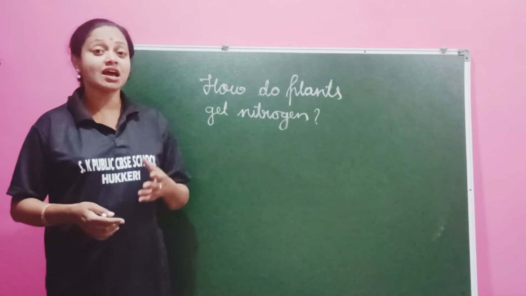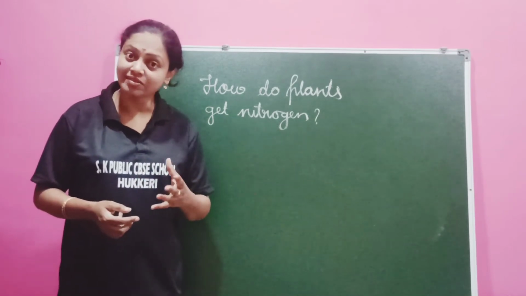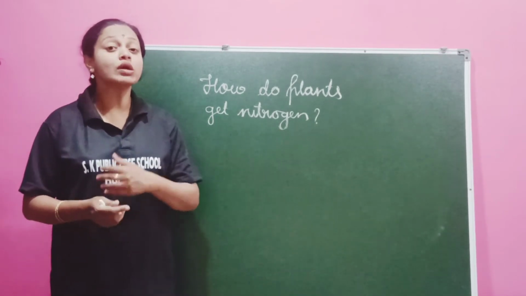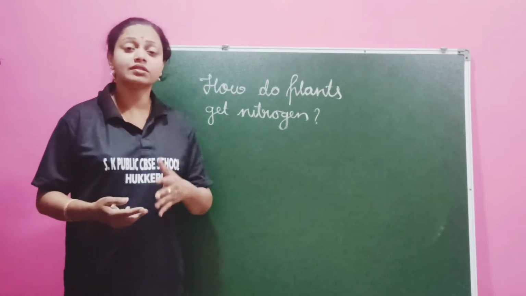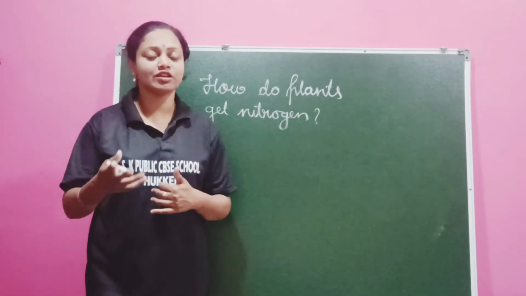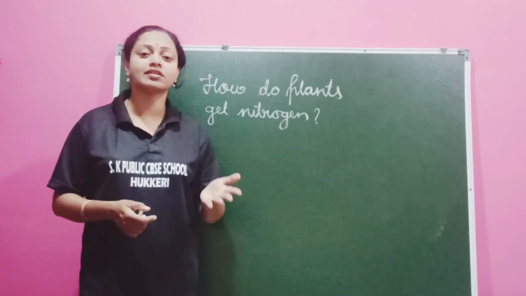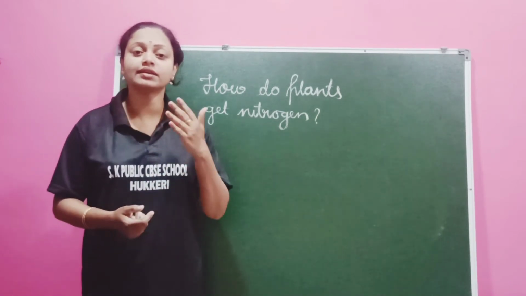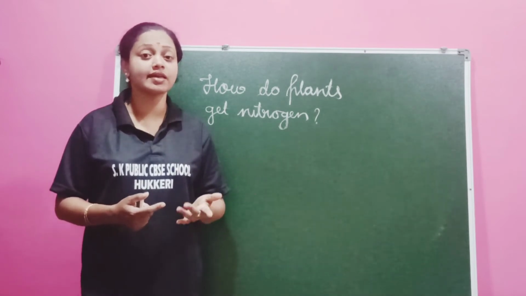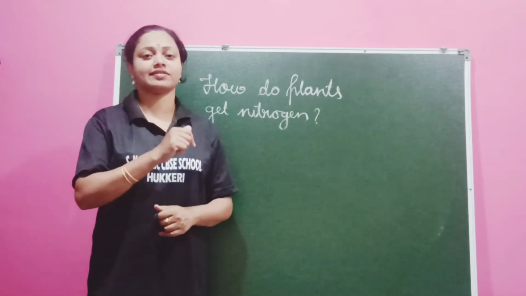Those roots absorb the nitrogen present in the soil. This helps the plants get the nitrogen. Plants can then synthesize the components of food other than carbohydrates, such as proteins and fats.